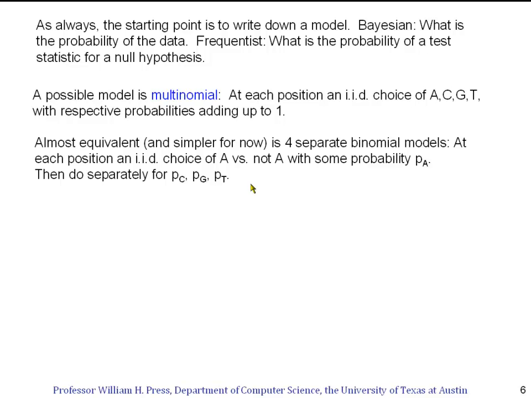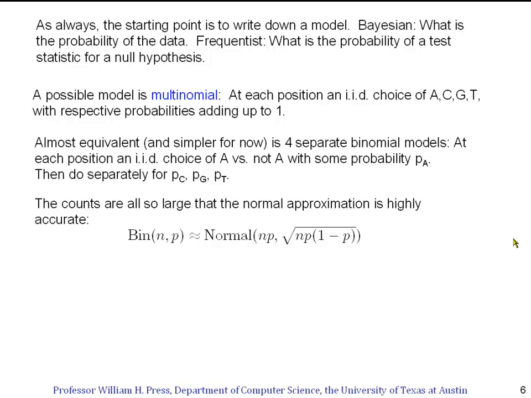In other words, in real life, if there are more bases than there should be by a statistical fluctuation, more A's than there should be, then there would have to be on average fewer C's, G's, and T's. And we're not going to account for that correlation between the probabilities in our four separate binomial models. But otherwise, this is a perfectly reasonable model to use for estimating the probabilities of A, C, G, and T.